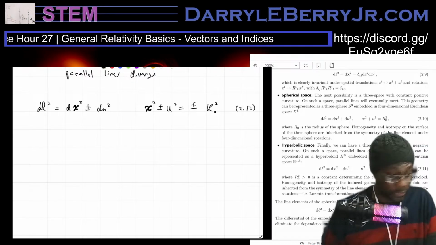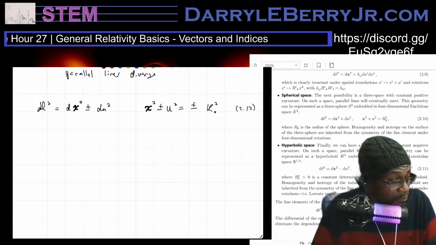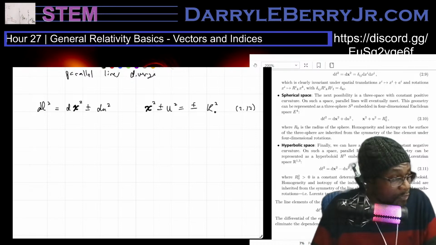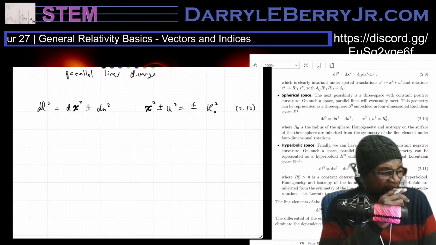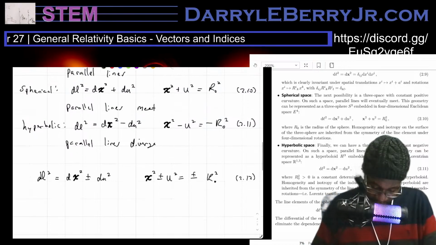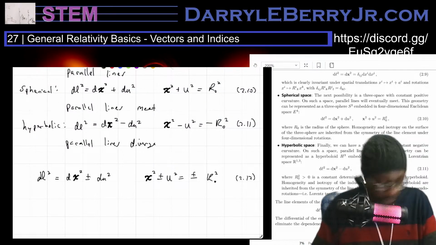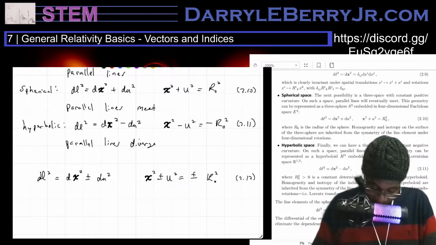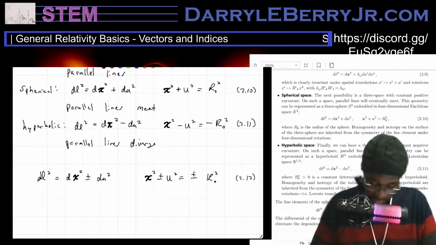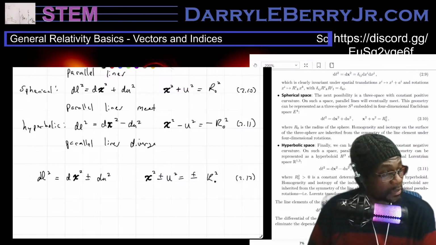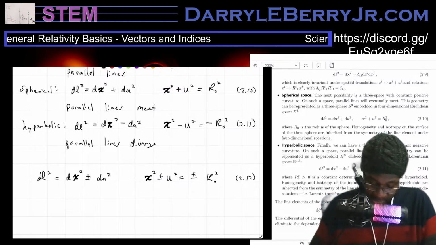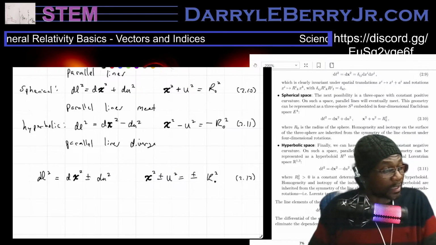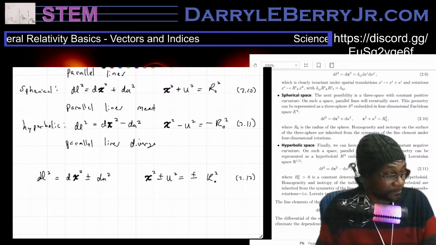This is 2.12. Just notice that in the spherical case there's a positive for each of these. In the hyperbolic case, there's a minus for the du, a minus for the rho, and a minus for the u squared.